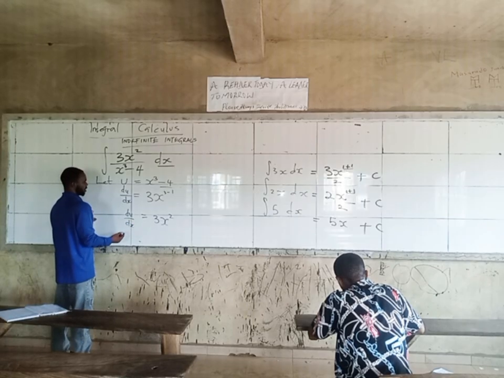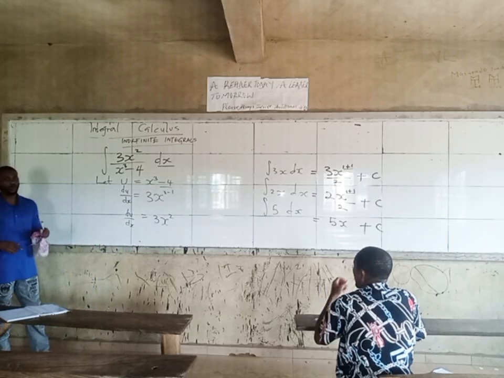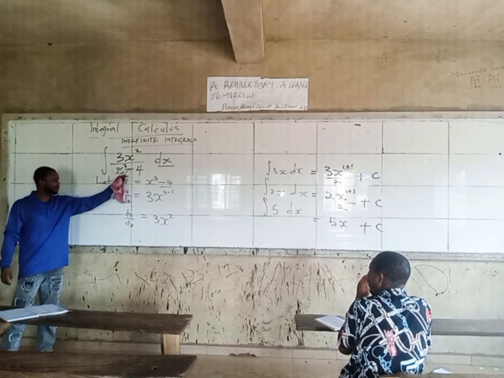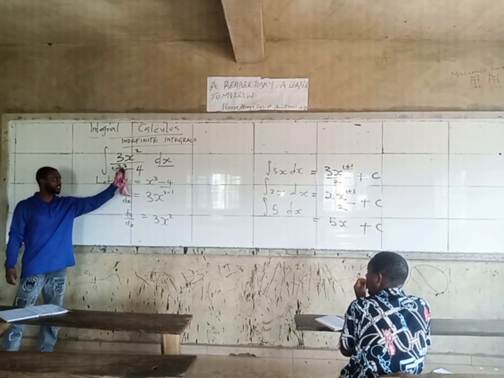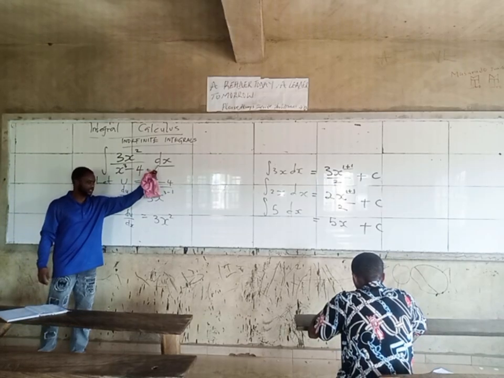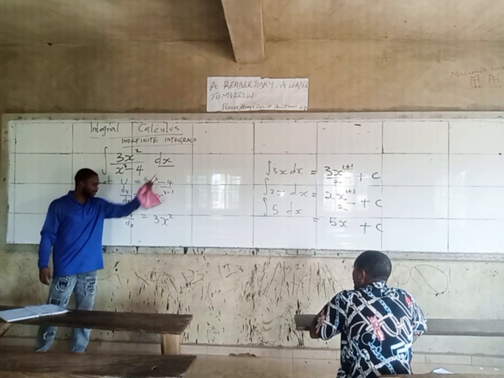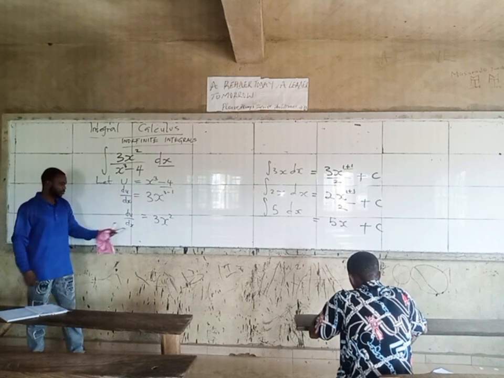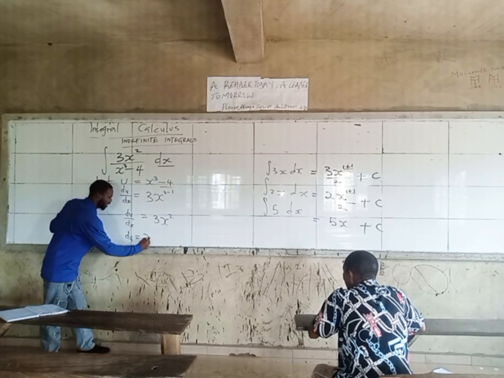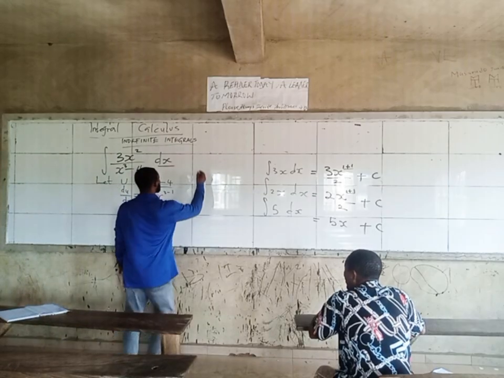If I want to make dx the subject of the formula so that I can replace, these are rules. Once I see that it's a function of a function, there is a variable and another variable having different powers, and what is separating them is multiplication or division, I quickly want to transform this dx so that it will leave. I will replace it with what I have here. So if I make dx the subject of formula, du equals 3x squared dx.